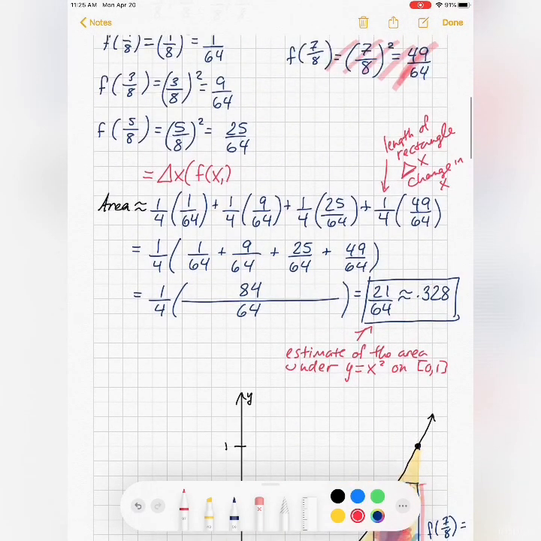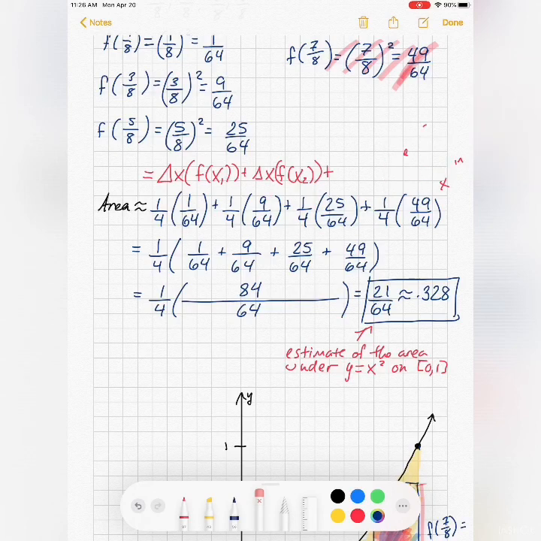That gave me the y coordinate here. Okay, and then I'd have delta x again. This one was f of the second x value. Then delta x again. This was f of the third x value, and then one more, f of the fourth x value.